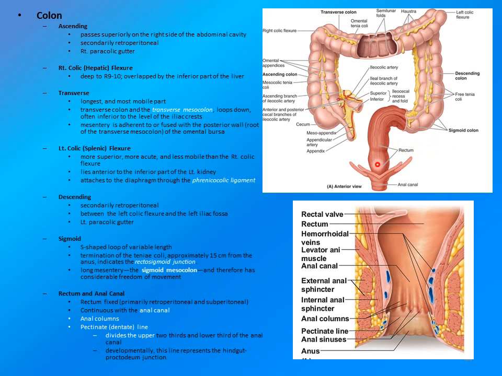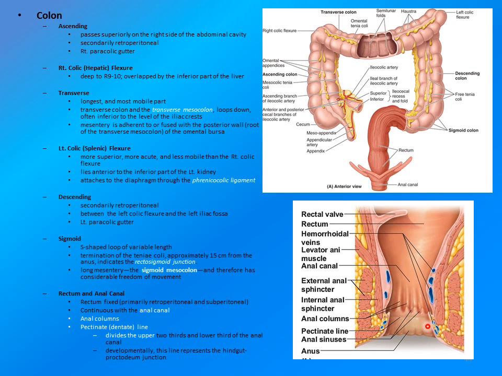Lastly, we have the rectum and the anal canal. The rectum is primarily fixed, retroperitoneal and subperitoneal. It is continuous with the anal canal. The gross anatomy of the anal canal is such that we have anal columns, and we have a pectinate line, which really is with reference to development, where the upper 2/3 and the lower third of the anal canal are divided.